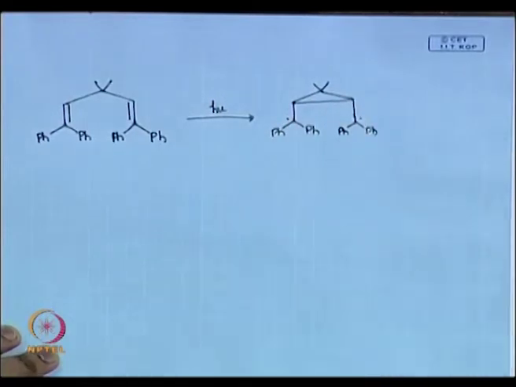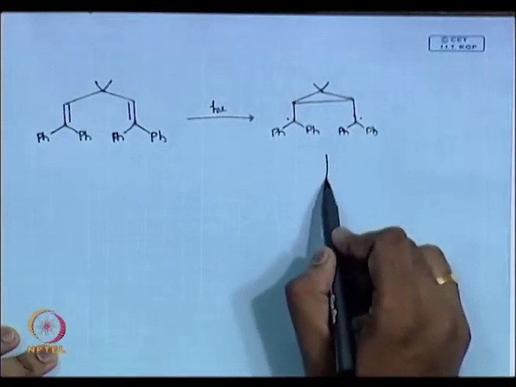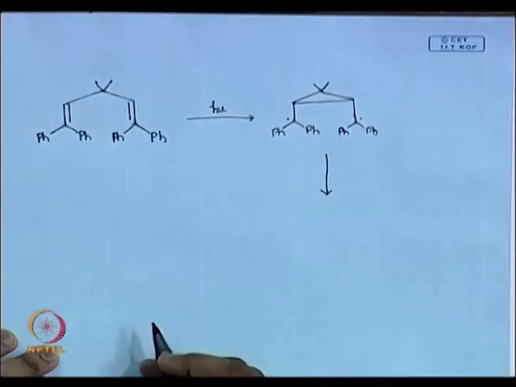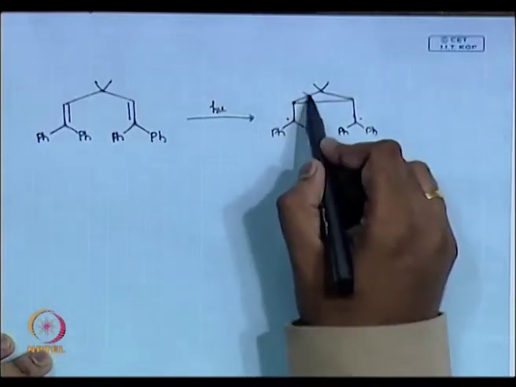So, you get a 1,4 diradical. Then I can cleave it nicely.